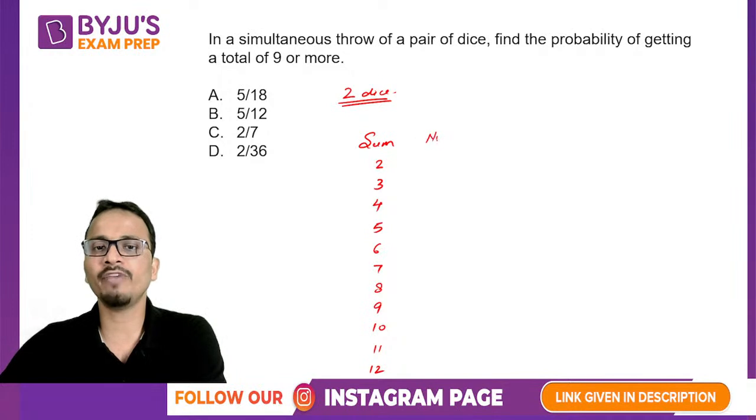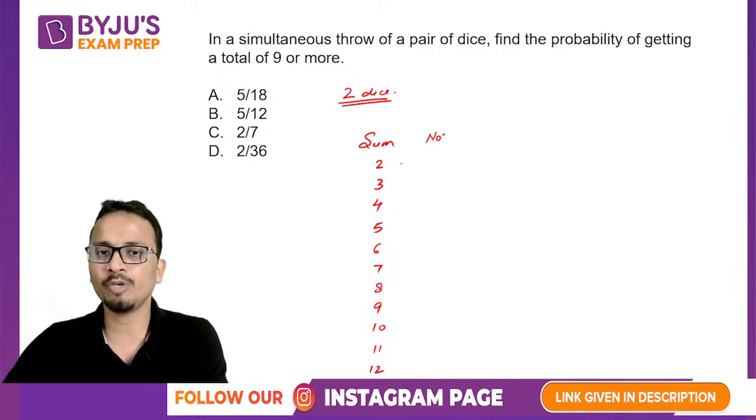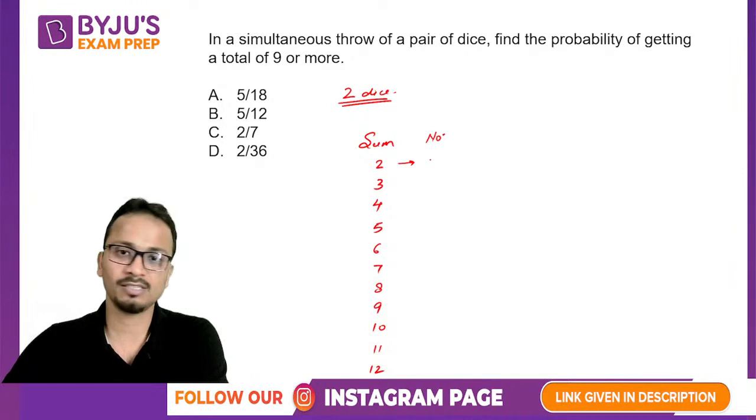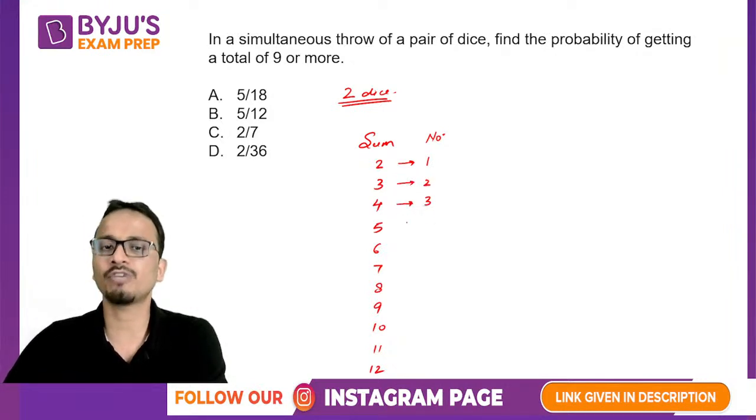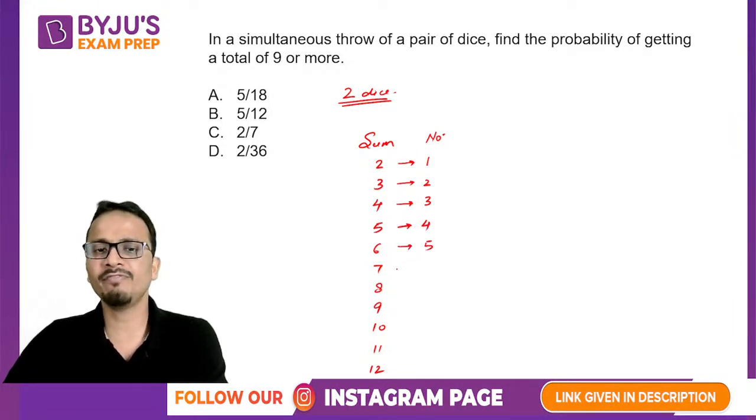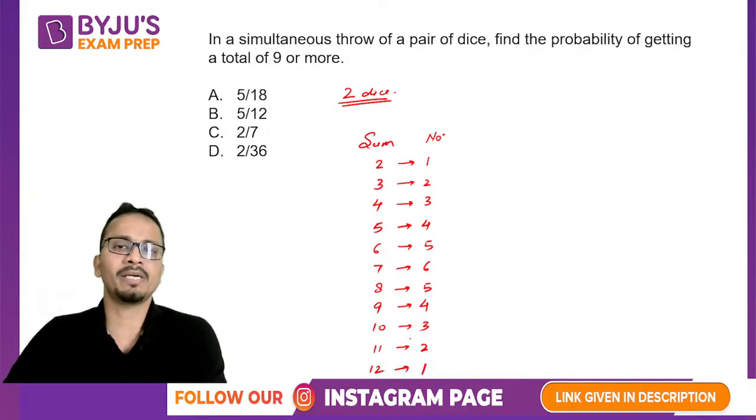Now the number of ways in which these sums can be obtained, you can remember this sequence. If you want a sum of 2, there is only one way. There are 2 ways for sum as 3. There are 3 ways for sum as 4. Then 4 ways, 5 ways, 6 ways. Then it will keep on reducing. So after 6, then 5, 4, 3, 2, and 1. So you can remember this particular sequence.